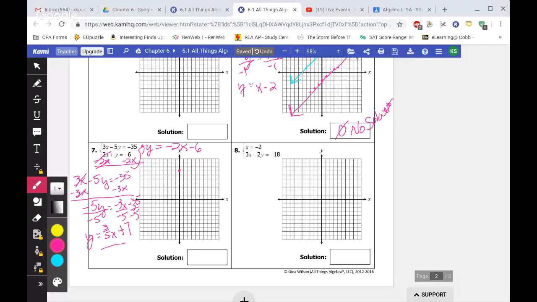So I can travel in 2 negative directions or 2 positive directions. I'm going to go up 3, right 5, or down 3, left 5. So if I go up 3, right 5, it's 1, 2, 3, 1, 2, 3, 4, 5. Or down 1, 2, 3, 1, 2, 3, 4, 5.